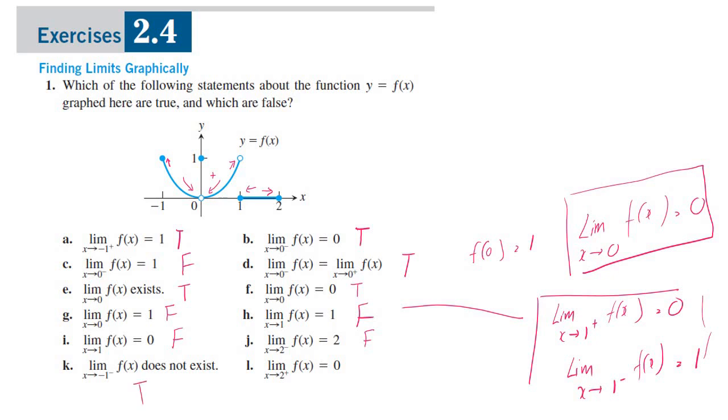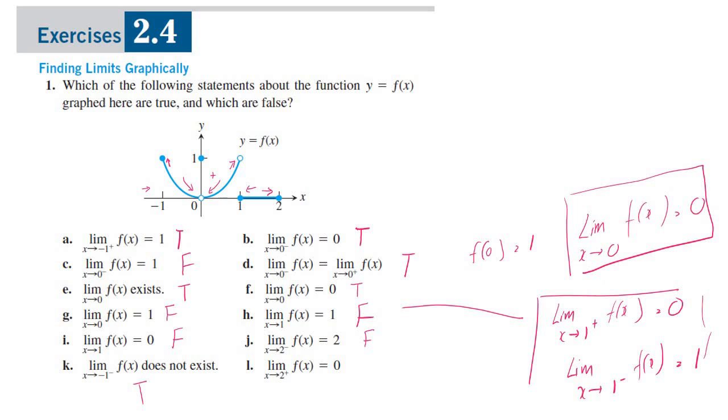That is true, because x is here on the negative side. If you're coming from the negative side, we don't know anything about this area. We know the value at x equals -1, but we don't know anything about just before -1. So that does not exist is true.